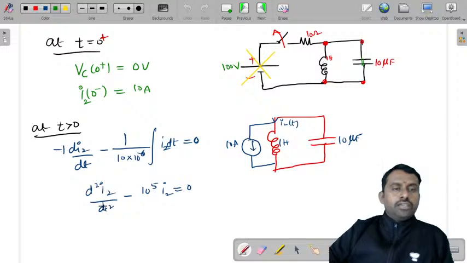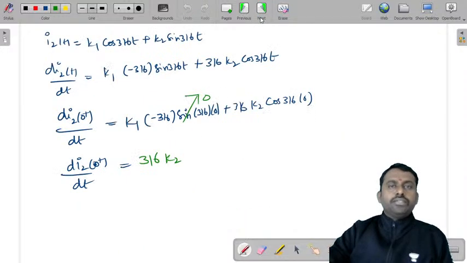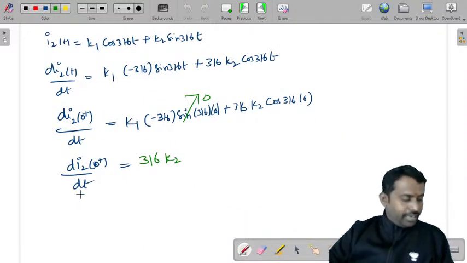From this equation you'll get di2 of 0 plus by dt is equal to 10 power 5 I2 of 0 plus. So this is 10 power 5 into I2 of 0 plus, which is 10 power 6 ampere per second. So you got this as 10 power 6 ampere per second.